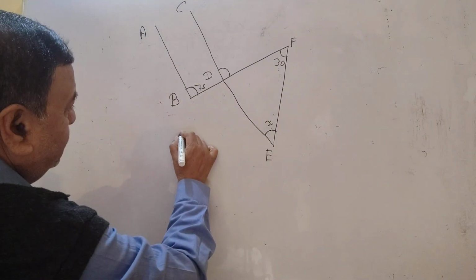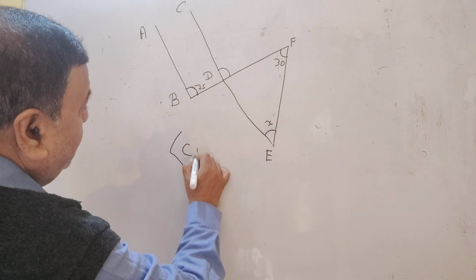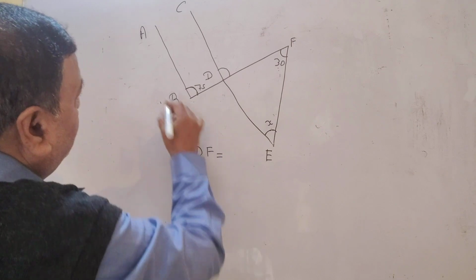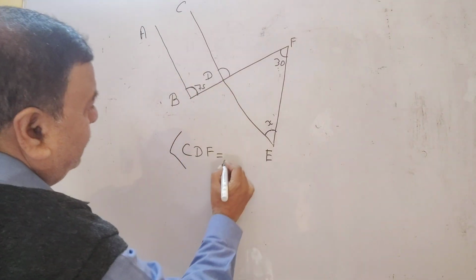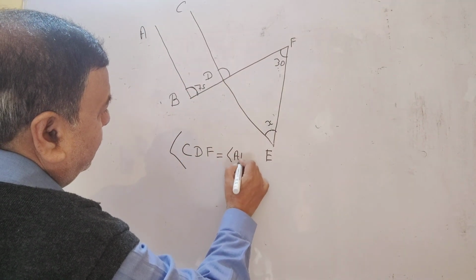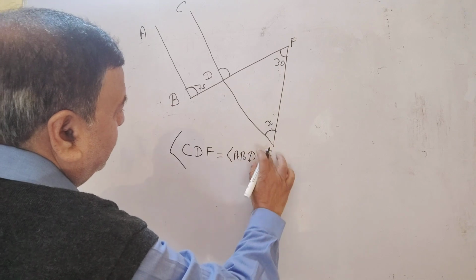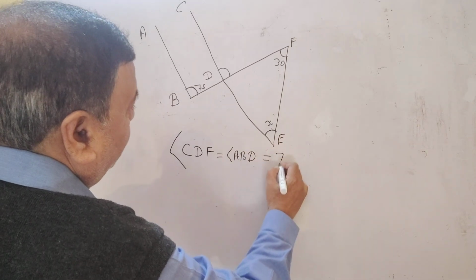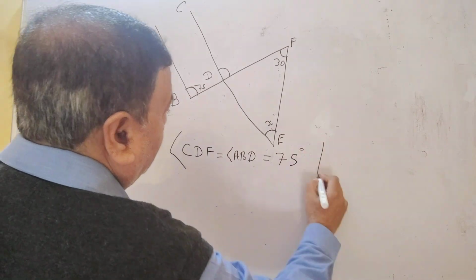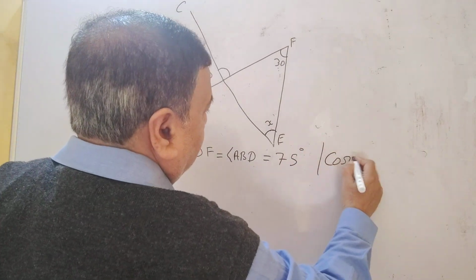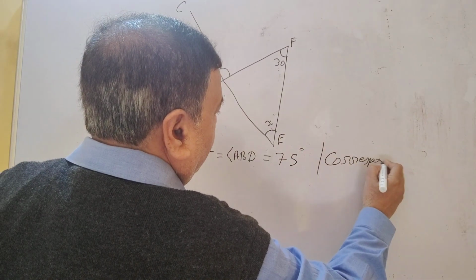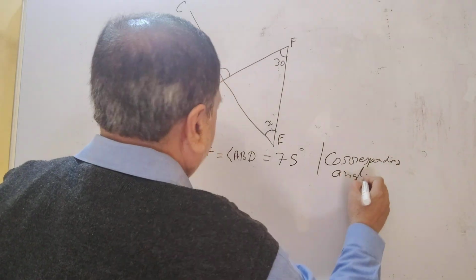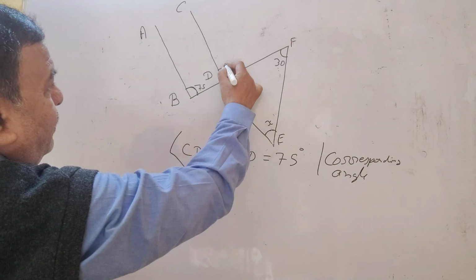Angle CDF will be equal to angle ABD, which is equal to 75. Corresponding angle. Now this is 75.